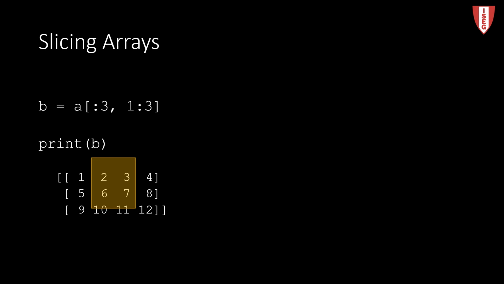We start in row 0 and go to row 3, but the last line is not considered. Then we start in column 1, that is the second column, ending in column 3, but the last value is not considered, so it stops in 2.